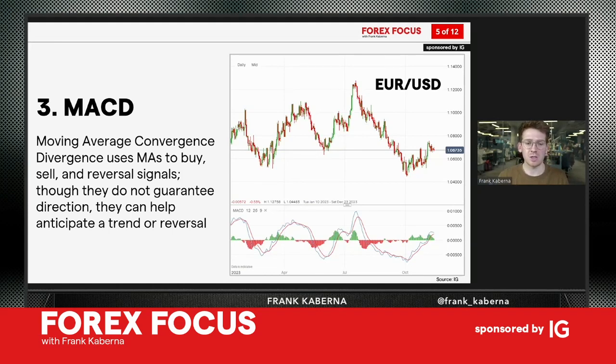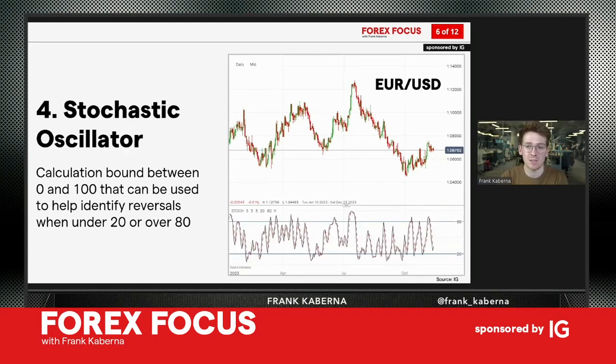And then the moving average convergence divergence uses moving averages of different time frames, and it kind of adds an extra layer signaling for this market to either be oversold and it's going to potentially come back in line, or it's been overbought and it's going to move lower from these highs, or it's moving lower and the signal thinks that it's going to continue, and vice versa. Again, no guarantee of direction, but it can help to anticipate a trend or reversal, and it incorporates those moving averages that we already covered.